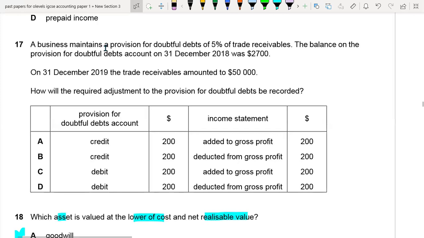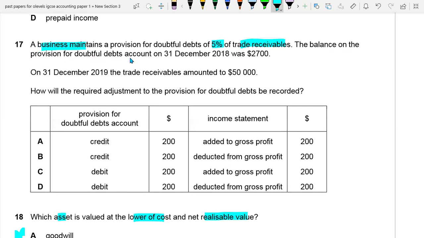So in the 17th question: business maintains provision for doubtful debts at 5% of trade receivables.